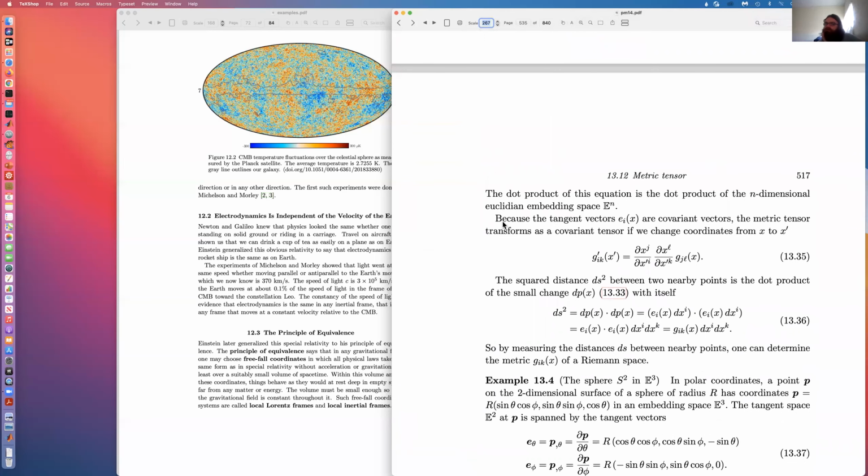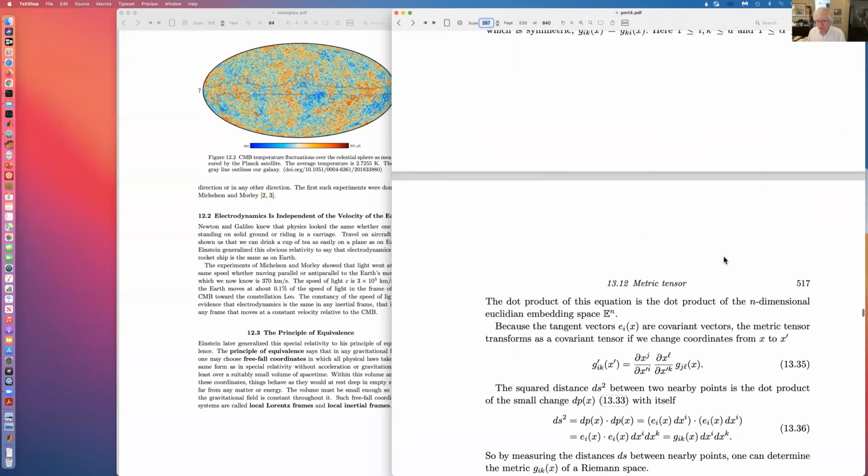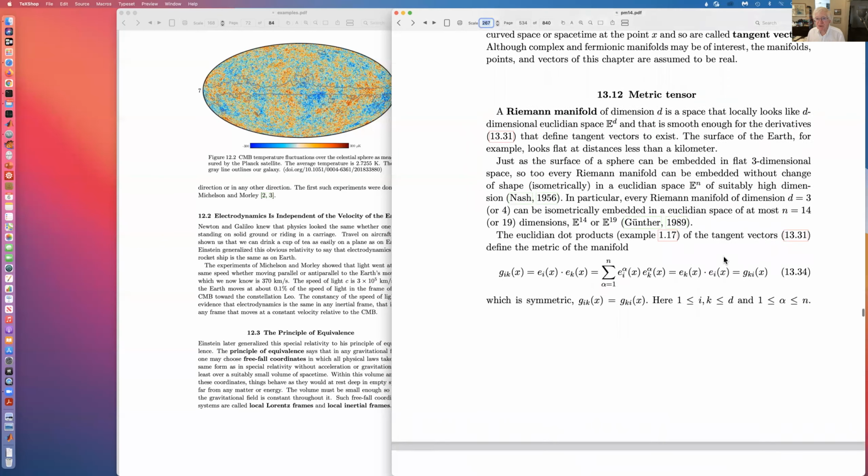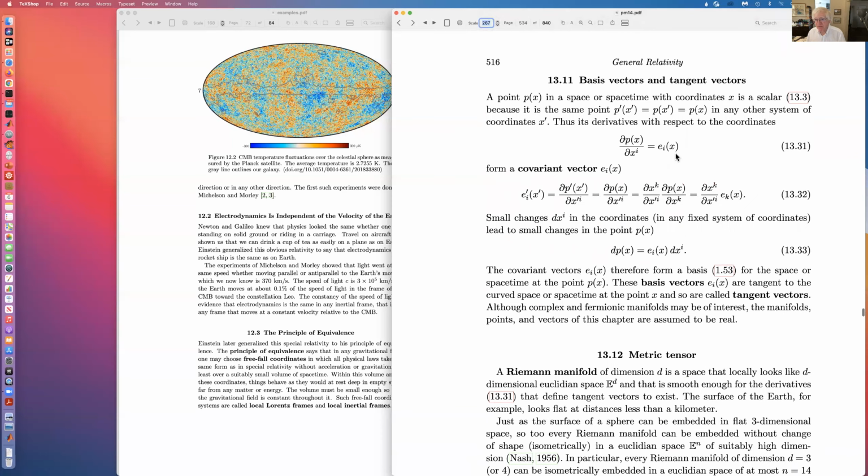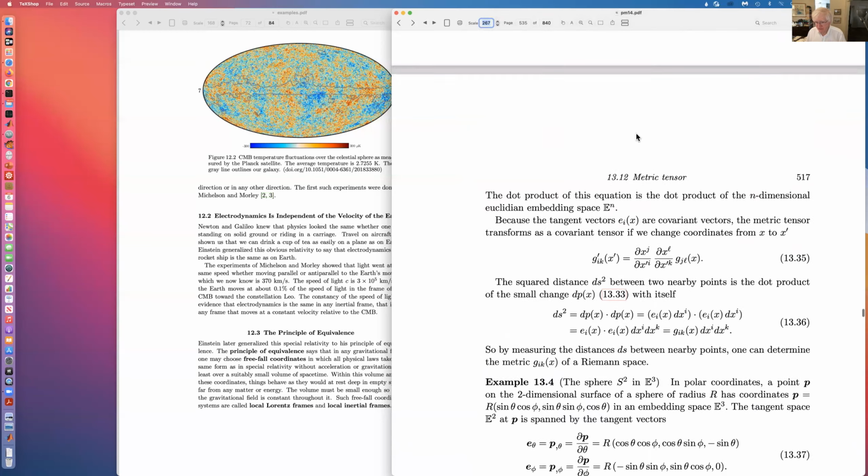Okay. And because these tangent vectors are covariant vectors, the metric tensor is a second-rank covariant tensor. And so it transforms this way, just because each of the basis vectors is a partial derivative of a scalar, something invariant.